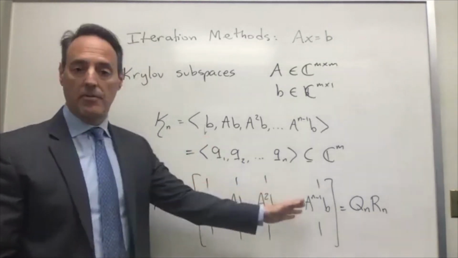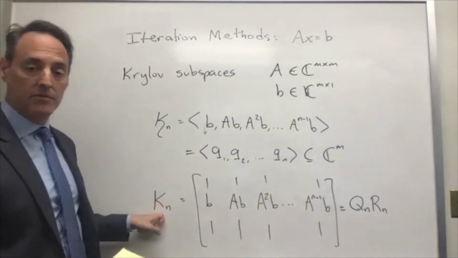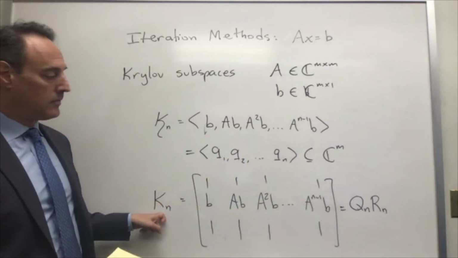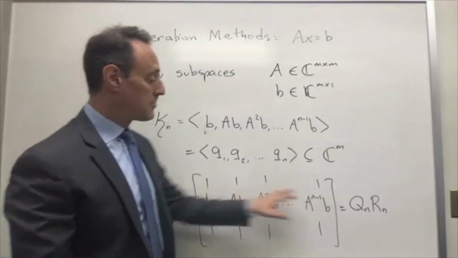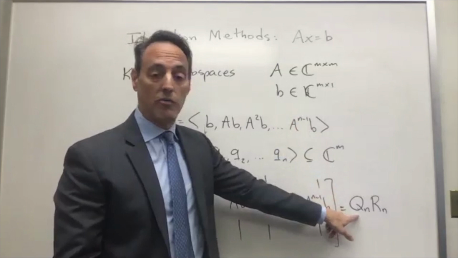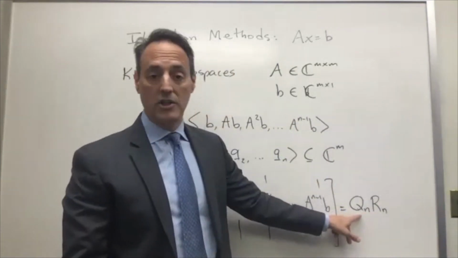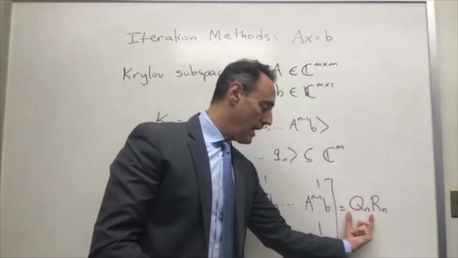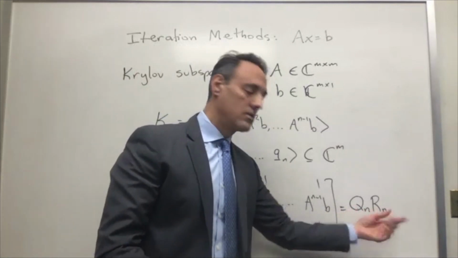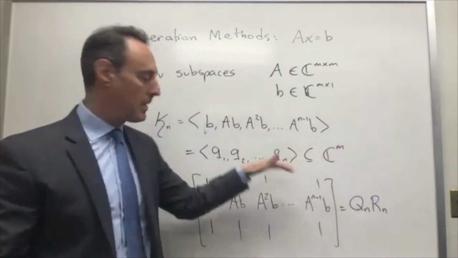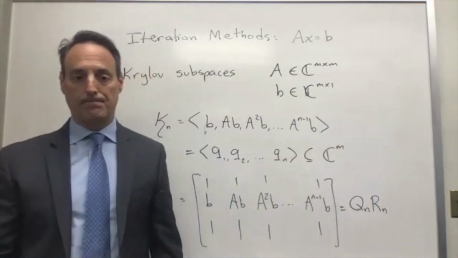And n is the number of iterations I do in this Krylov subspace. And notice that this subspace, I can in fact move over by Gram-Schmidt orthogonalization to the QR so that I get n orthonormal directions times some R_n, which is the mapping from this space to that space.